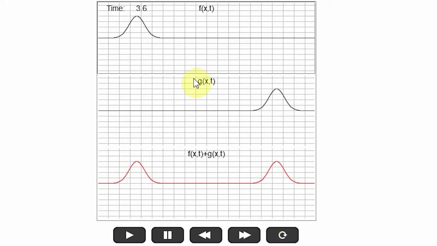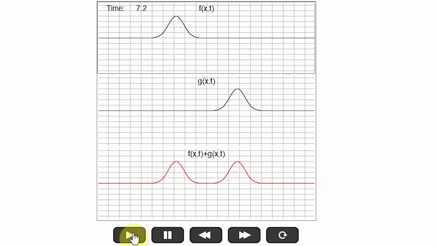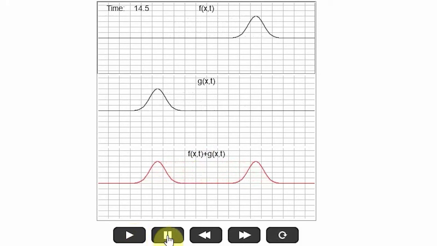Okay, we have two different pulses here. We have a positive amplitude pulse and a second positive amplitude pulse. And what we're going to see is these two pulses crashing into each other, and that's going to be the principle of superposition. So we can see they approach each other. As they superpose, the amplitudes add to produce a new pulse, and then they move on their way in the opposite direction.